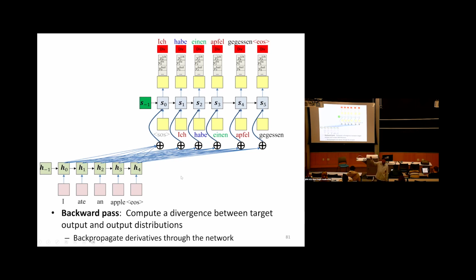It's going to be the sum of the divergences for each of the words. And this loss can be backpropagated to update all of the components of the model, both on the encoder side and the decoder side. And if you have some function G, which could be a matrix product, then the parameters of G are also going to be updated.